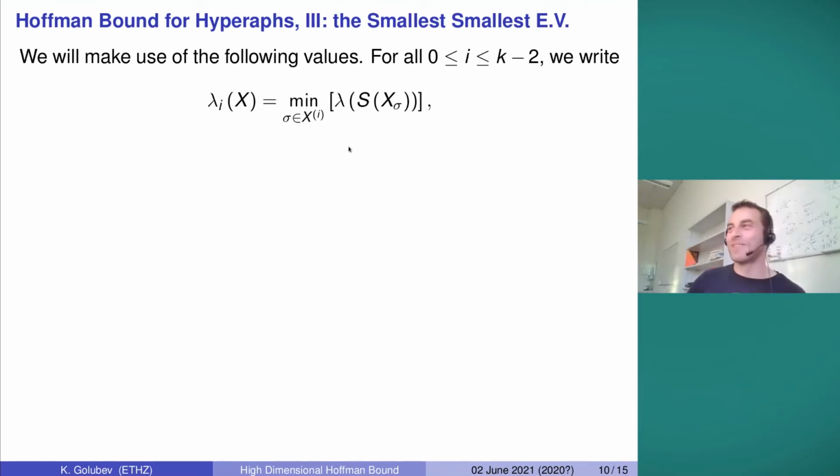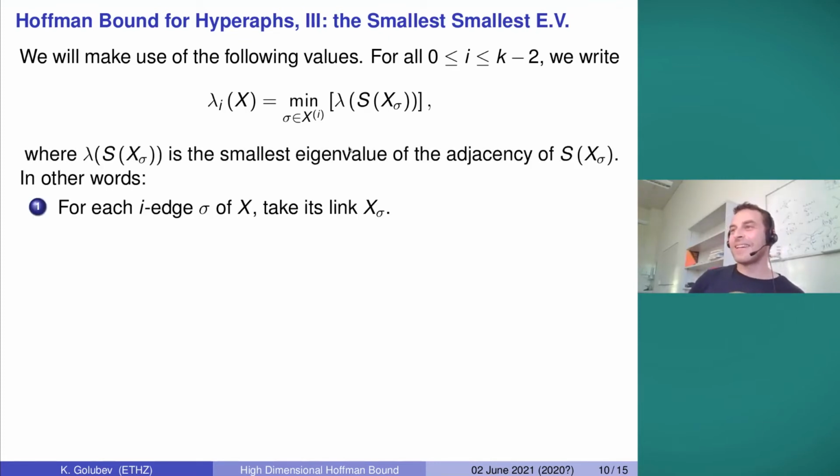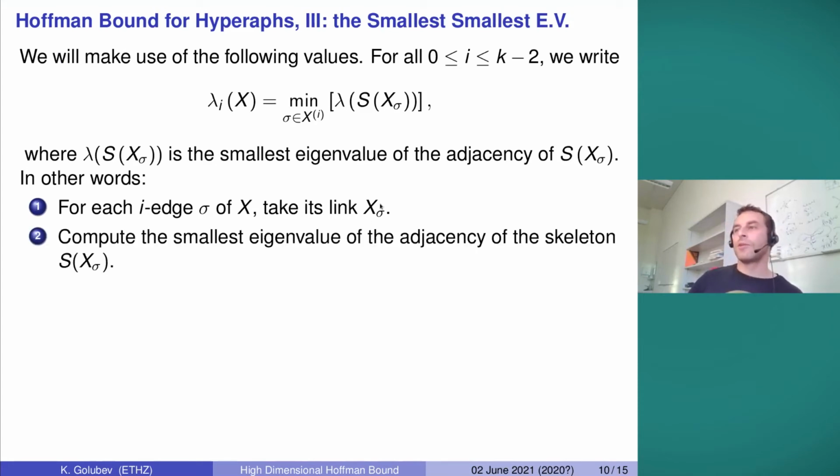So let me go over it. For each I edge of x, you take its link. It would be a k minus I hypergraph. You compute the smallest eigenvalue of the adjacency on the skeleton of this link. So you get a graph for this hypergraph.